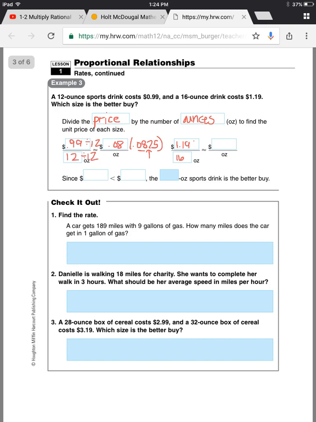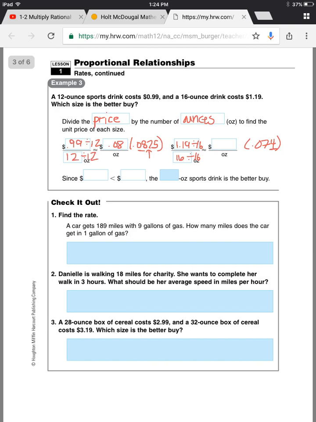Then we're going to look at the other drink, and it is a 16 ounce for $1.19. So we're going to divide each by 16. $1.19 divided by 16 is actually 0.074, but that 4 makes this 7 stay at 7.